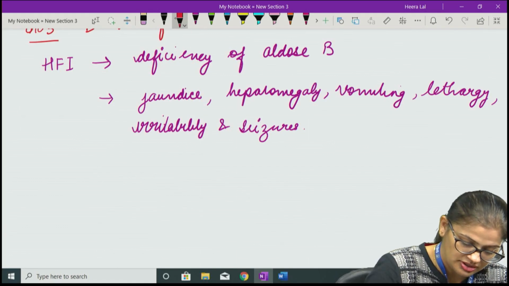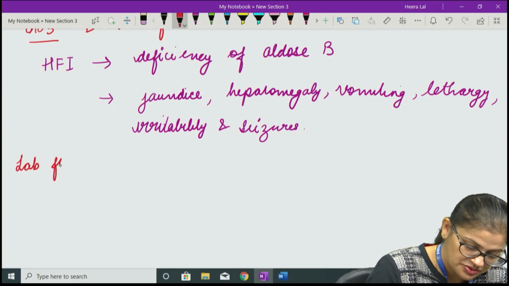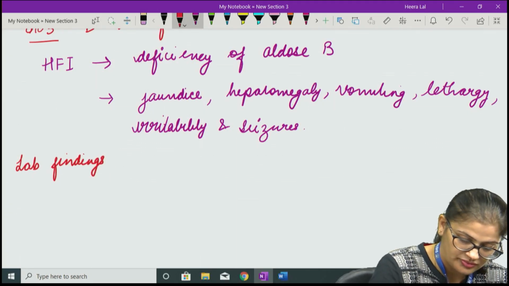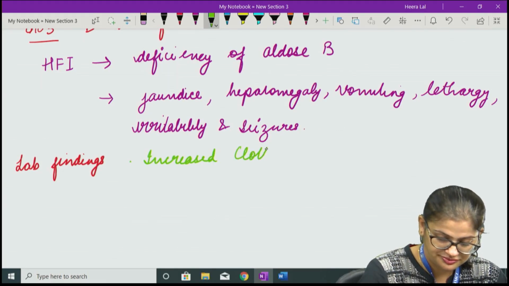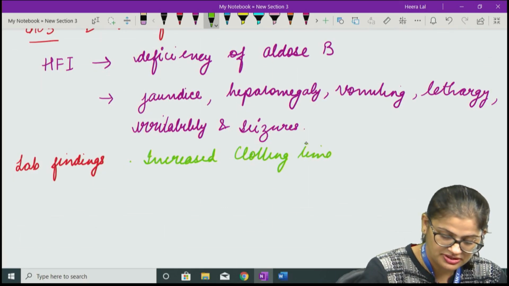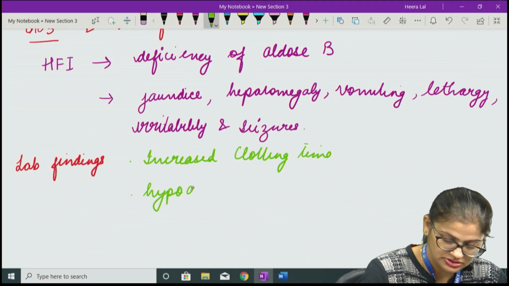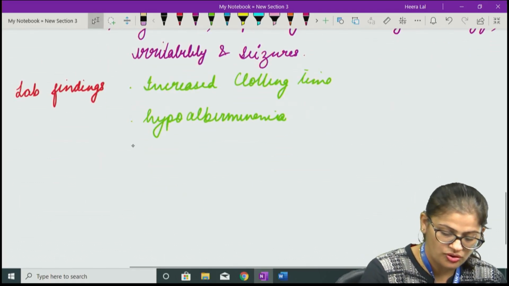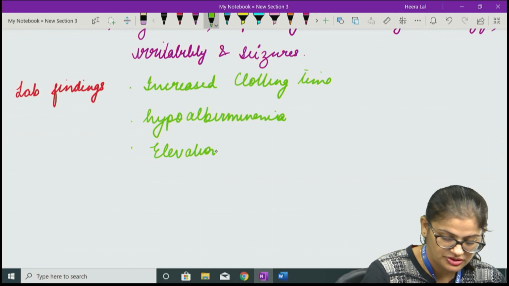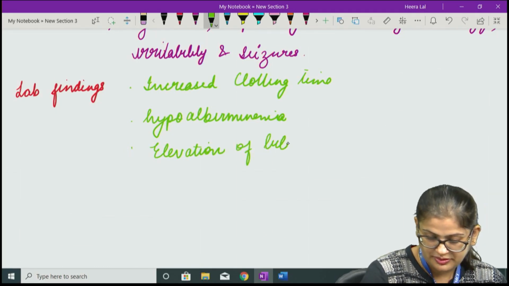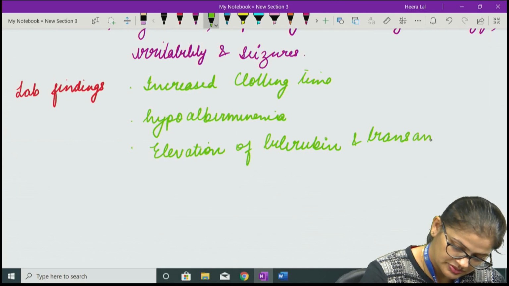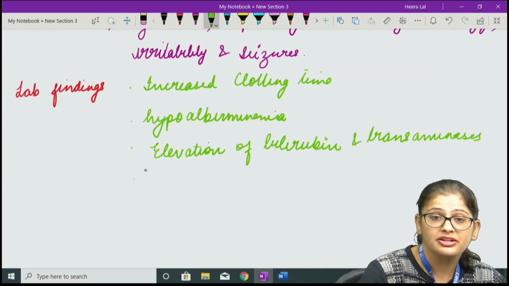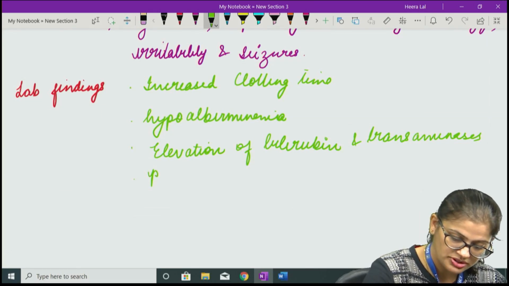So there are few classical lab findings that you can find in hereditary fructose intolerance, and these are an increased clotting time, hypoalbuminemia, elevation of liver enzymes, and also proximal tubular dysfunction.